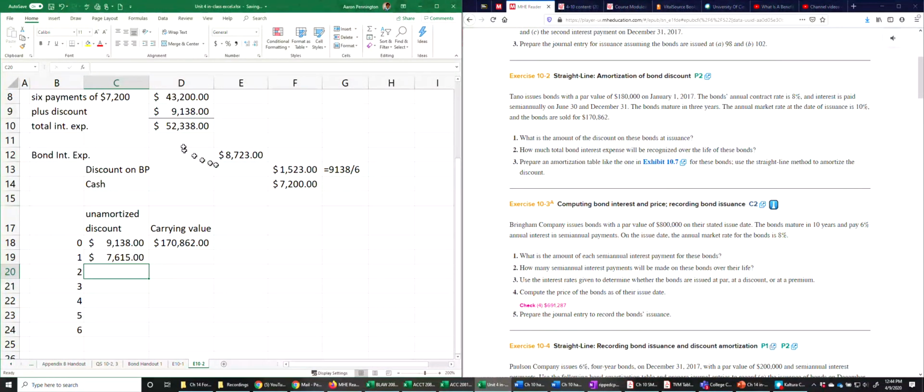So after the first interest payment, the discount of 115.23 has been amortized, and the unamortized portion is 7,615.